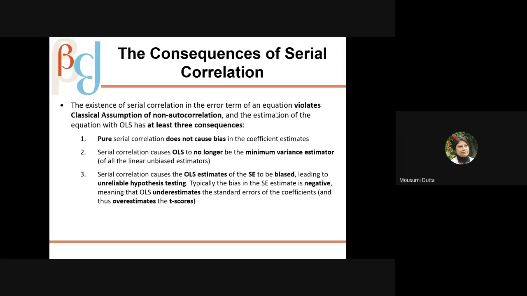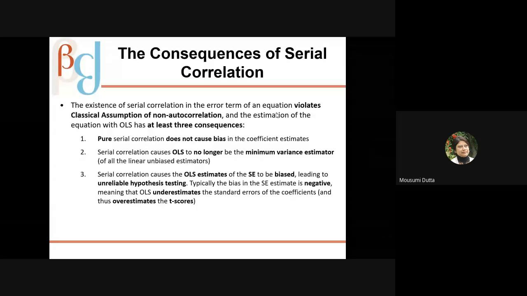Now, if I can prove this problem, the next step will be how we will go for some remedial measure so that we get back the best linear unbiased estimator. In the presence of heteroscedasticity, I talked about the WLS estimator, the weighted least squares technique. Though WLS has some limitations, it is a well accepted technique in the presence of heteroscedasticity.